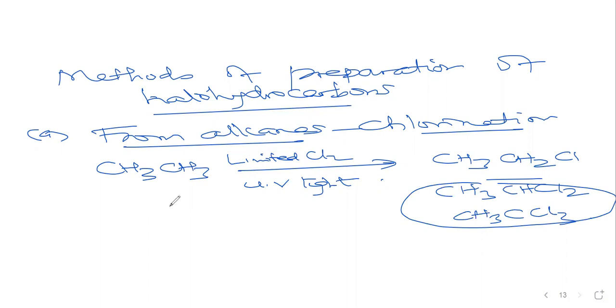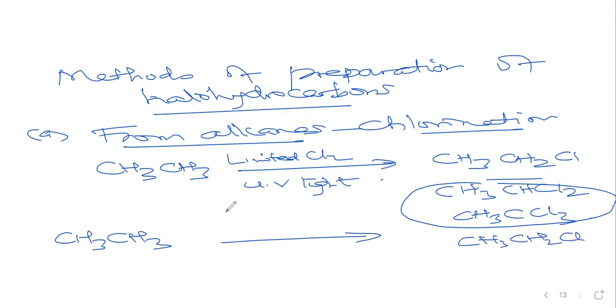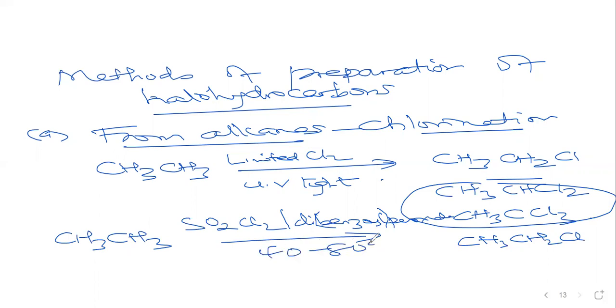However, if you don't want a mixture of products, and to be more specific, you can convert the ethane to chloroethane using what we call sulfuryl chloride in the presence of a catalyst called dibenzoyl peroxide. That reaction is done at a temperature of 40 to 80 degrees Celsius.